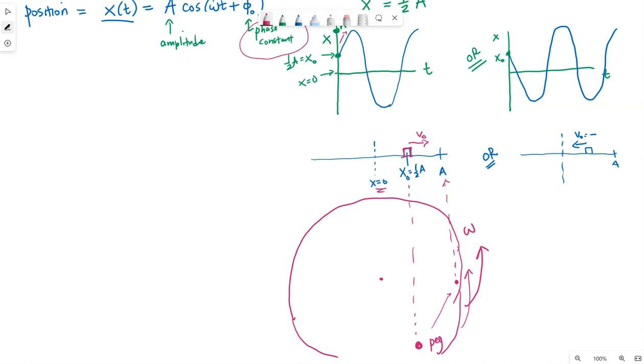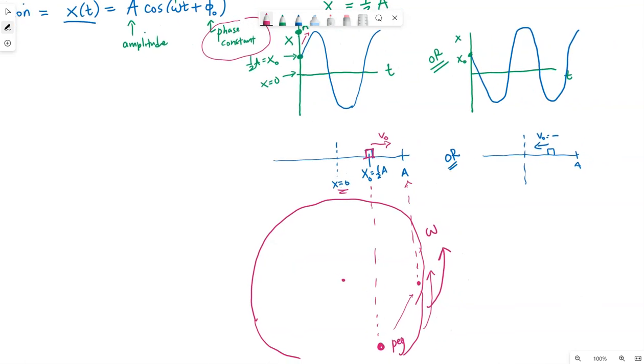In the second situation, my disc again has the center representing equilibrium. Our peg needs to line up with where our mass is at that moment. In this case, since our mass is moving to the left, it's going to get back to equilibrium.